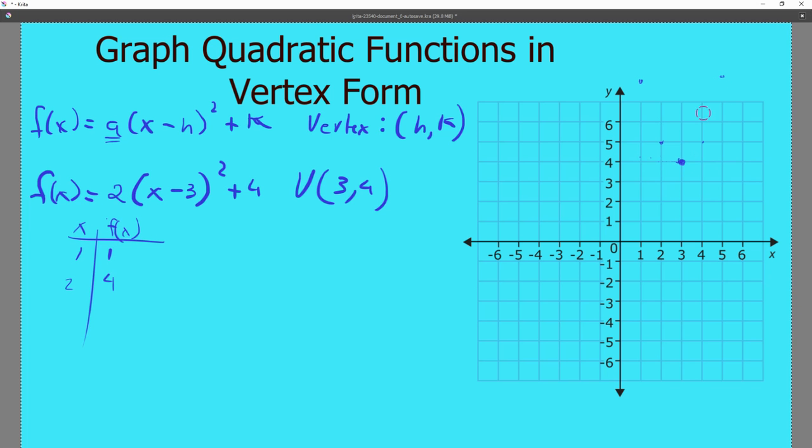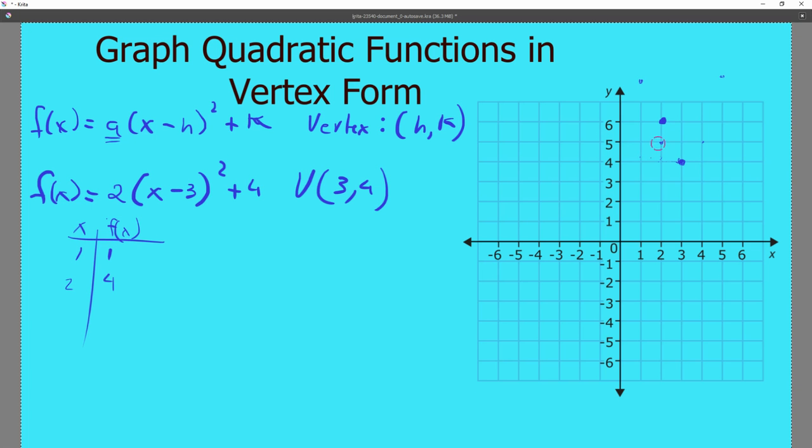But how do I know whether it opens up or down? This 2 here, if it's positive, it opens up. Negative, it opens down. That makes sense, right? And then what does the value mean? This 2 means you multiply the vertical direction. So instead of going over by 1 and up 1, I go over 1 and up 2.